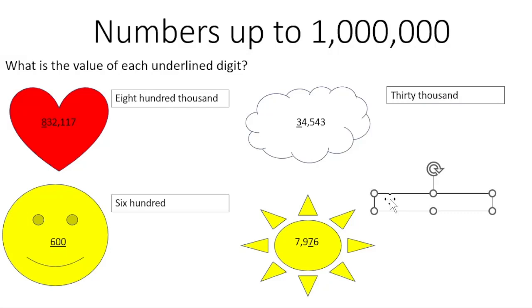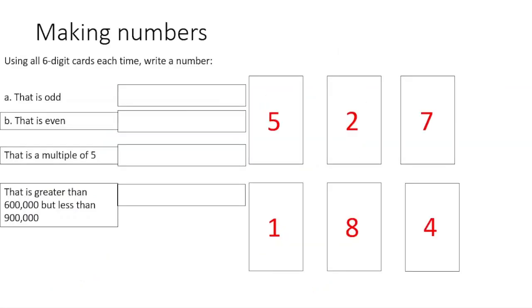And the last one in the sun here, the digit is 7, that's underlined, and the number is 7,970, and it's the second digit, and we know that's our group of tens. So that digit 7 is 70. We know that digit is 70 because that's our second value in the number, which we know is our tens.